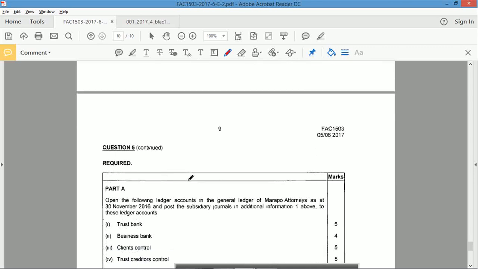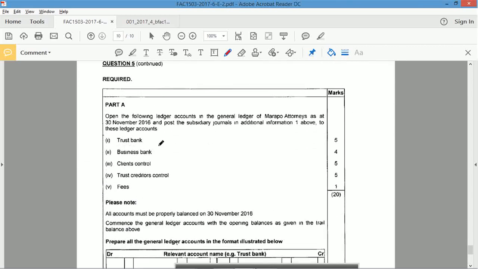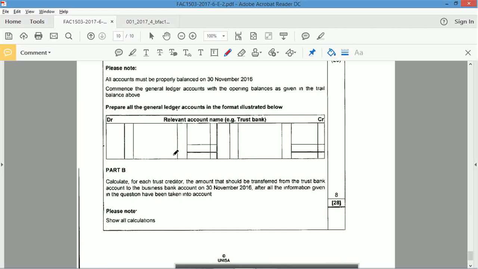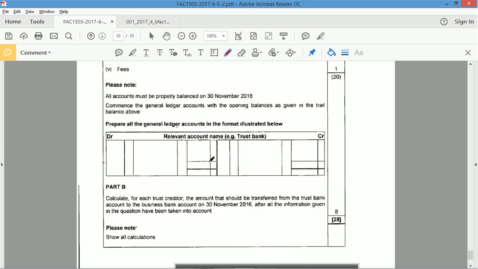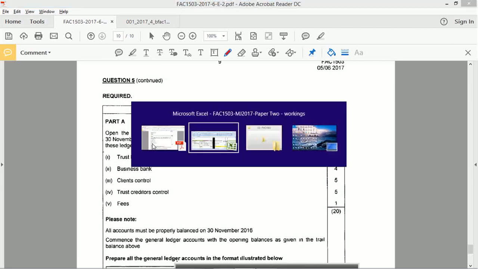It's a long question with their different sections. Okay, they gave you some stuff there. Okay, they've given you different parts. Alright, so we need part A and then part B is the trust creditors. Okay, it's very similar to the other past paper actually. It looks familiar. Let's start with part A, question 5.